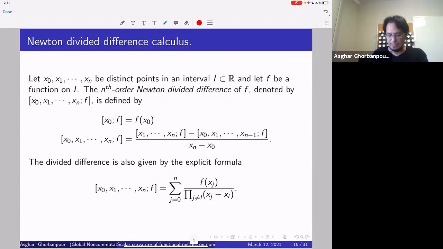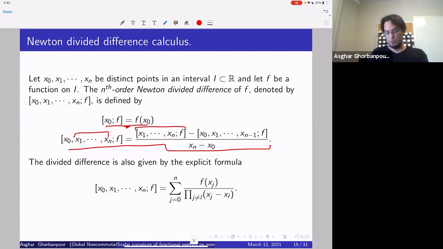A few words about the Newton divided differences. The first one is defined just by evaluation. The others are defined recursively by this term. Basically, for the nth one, we take the last n entries and apply the Newton difference on those, minus the Newton difference on the first n entries, over x minus x0.